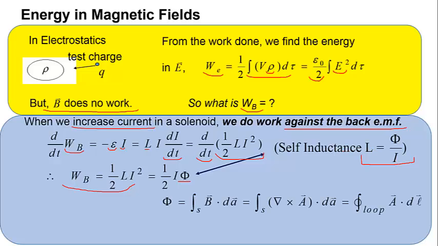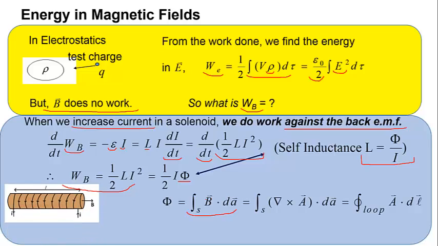And so if we look at the flux in terms of the B field, we find it by integrating B over a surface S. Now just remember that's not a closed surface, so for a solenoid you could take a surface that just basically forms the cross section. So I'll try to draw it here. So you'd have this surface right here, which would be S, and you're integrating the B field that's penetrating that circle.